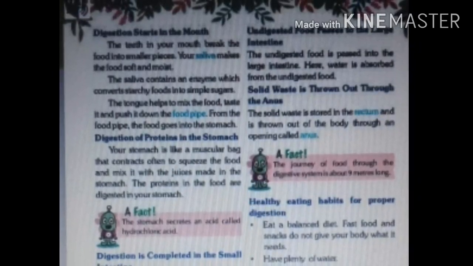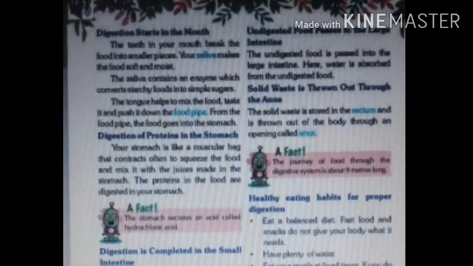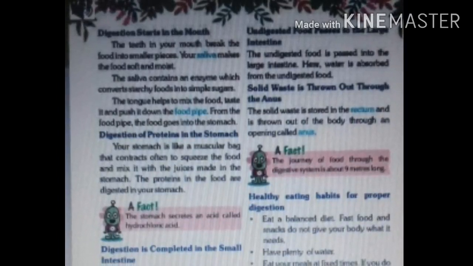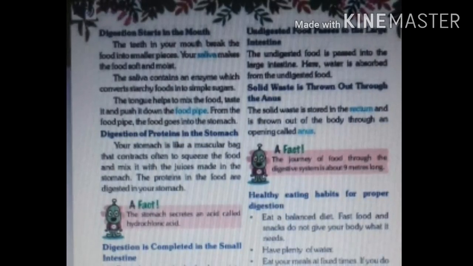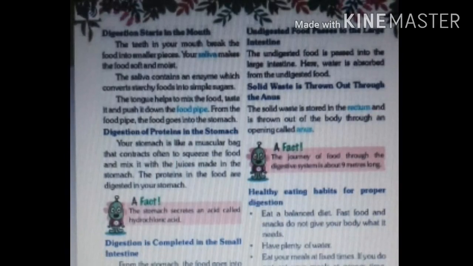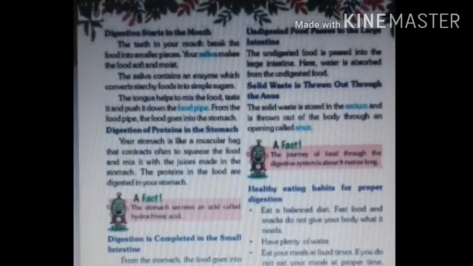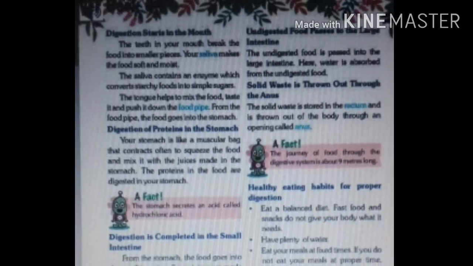The saliva contains an enzyme which converts starchy food into simple sugars. The tongue helps to mix the food, taste it and push it down the food pipe.